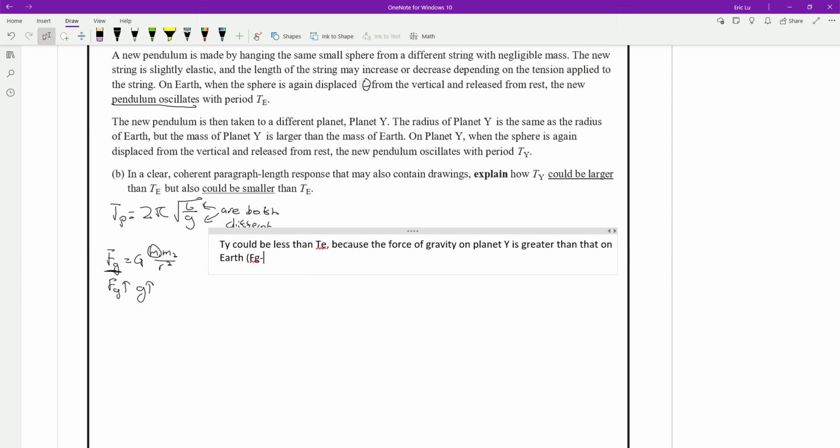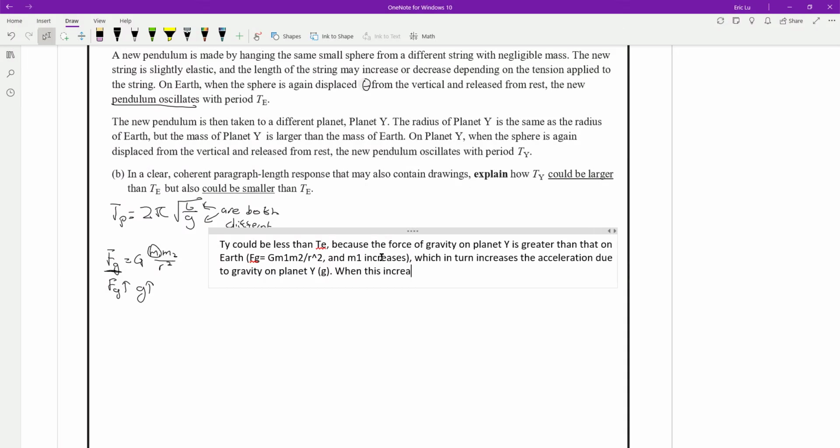And we would say the formula G m1 m2 over r squared, and m1 increases, which in turn increases the acceleration due to gravity on planet Y. In other words, that would be symbolized as g.